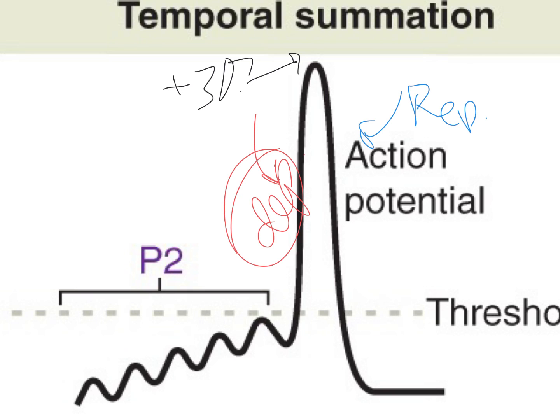Sodium channels close, potassium channels open. Does that make sense? Right? The potassium channels open at positive 30, sodium channels close, potassium starts to leak out, and as it leaks out, positive charges go out, it becomes more negative, eventually getting closer to resting membrane potential and actually moving past it. But we'll talk about that in a little bit.